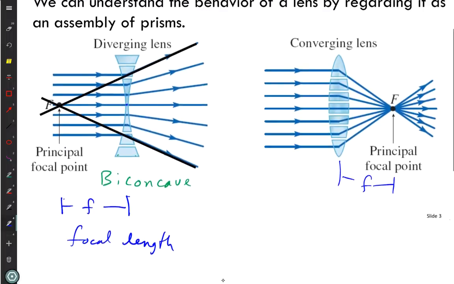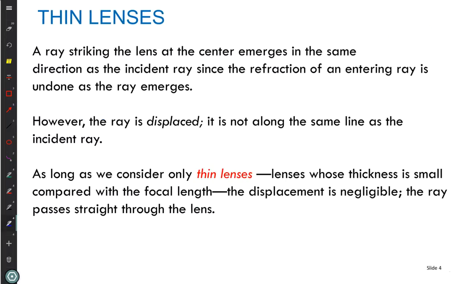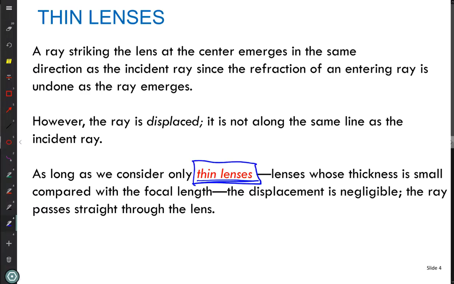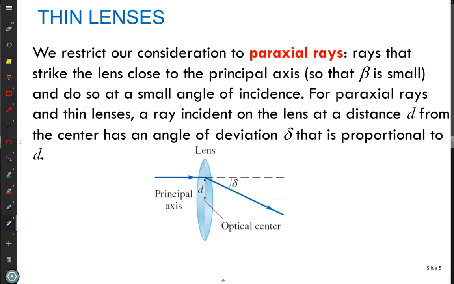So we have that focal length, and with that, we're actually ready to start figuring out where an image is going to occur. Now, we need to pay attention. Everything we're doing in this class is for thin lenses. Why a thin lens? I took out about 7 slides going on and on about thin lenses. But in the reality of a lens, it doesn't change direction at the center.